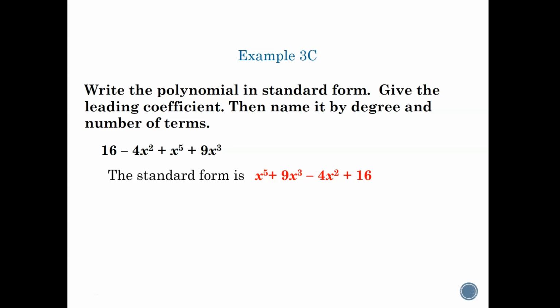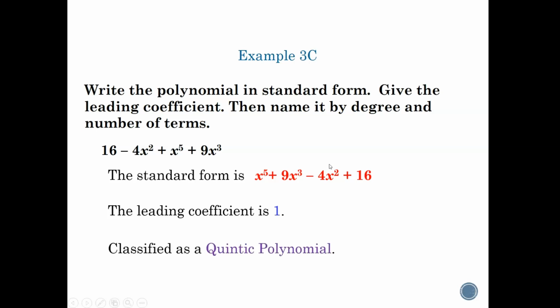Standard form is x to the 5th plus 9x cubed minus 4x squared plus 16. The leading coefficient is 1. And there are 4 terms, so it's a polynomial. And the highest term is 5, so it is quintic. So we have a quintic polynomial.